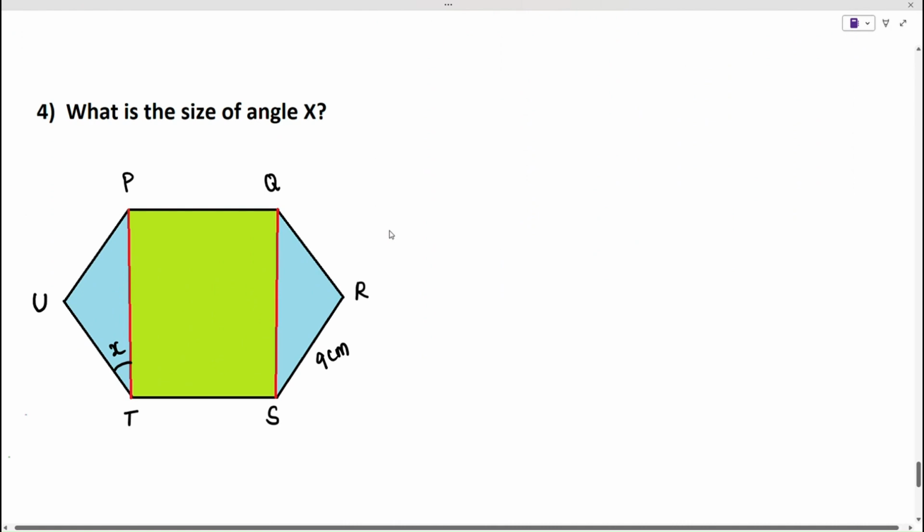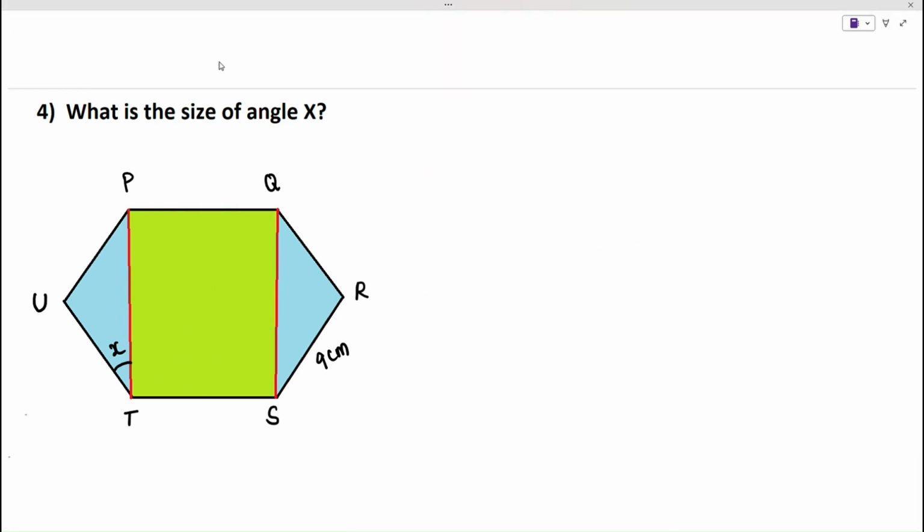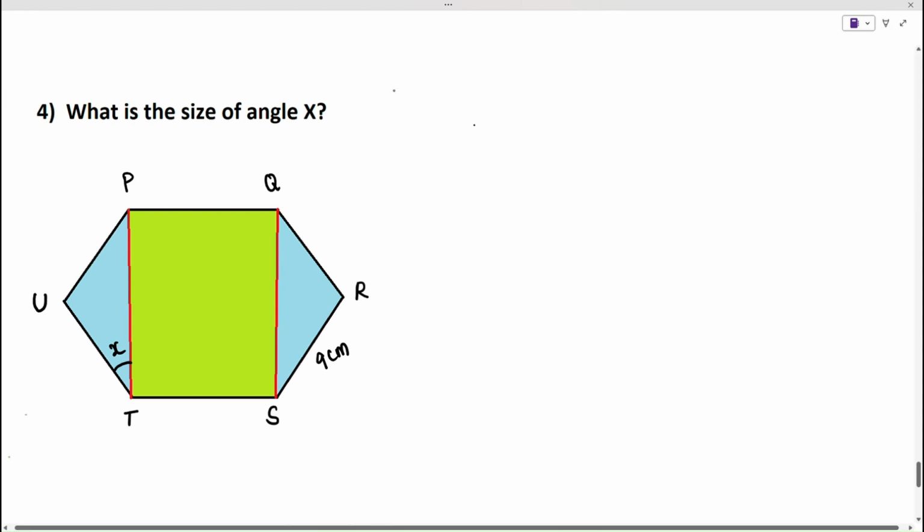We'll approach our fourth part now. What is the size of angle X? Now, you may already know the size of one of the interior angles of a hexagon, or the total for the interior angles of a hexagon. But if you don't know, you can always use this formula for any polygon, and it will give you the total of the internal angles.